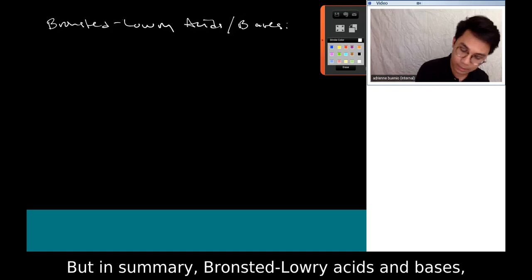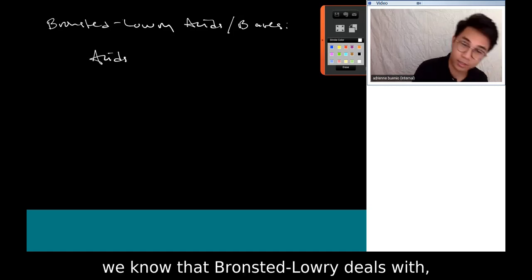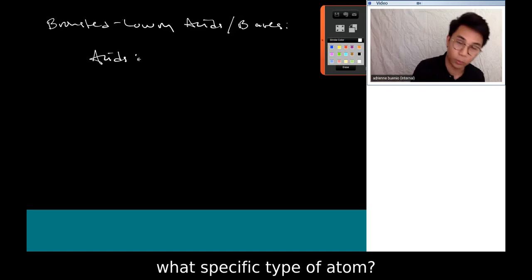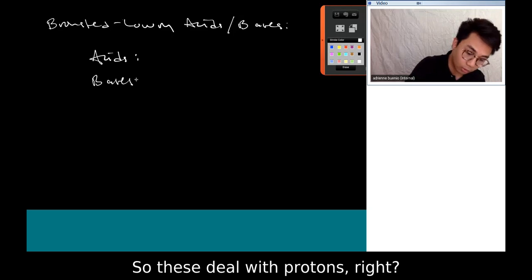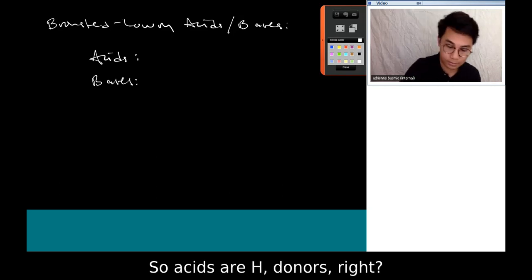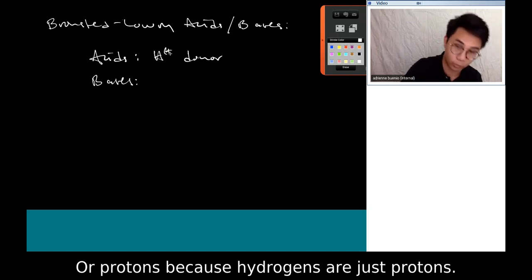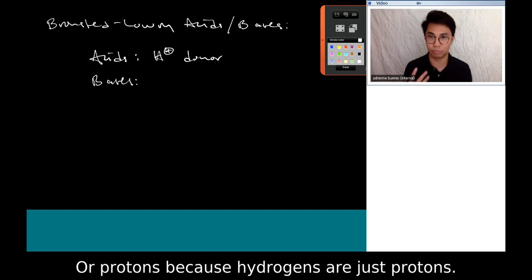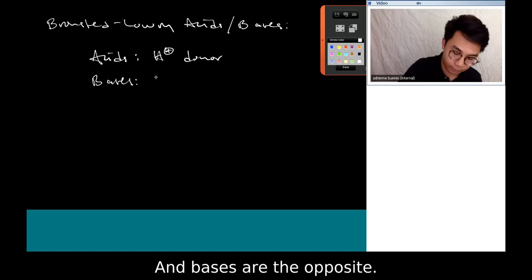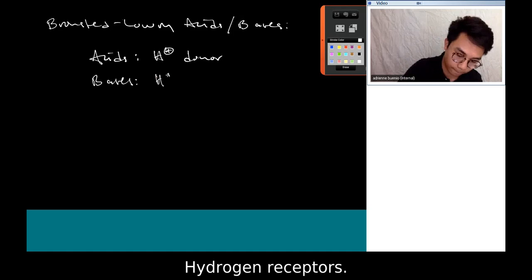But in summary, Bronsted-Lowry acids and bases, we know that Bronsted-Lowry deals with what specific type of atom, right? So these deal with protons. Acids are H donors, or proton donors, because we know hydrogens are just protons, and bases are the opposite, hydrogen acceptors.